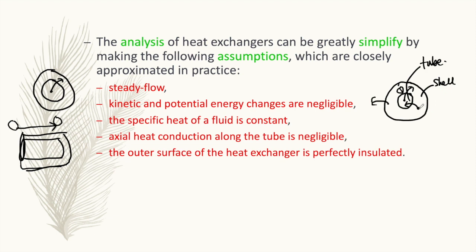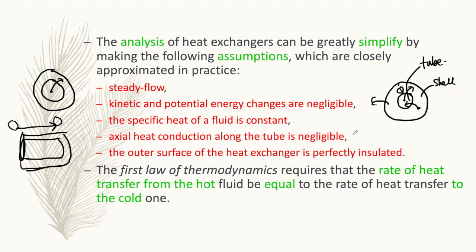That will make your analysis a bit complicated, because we know that the Q transferred from the hot fluid to the cold fluid is the same, where the Q is constant. And this is the last assumption that will be made in order for you to do the analysis of a heat exchanger.